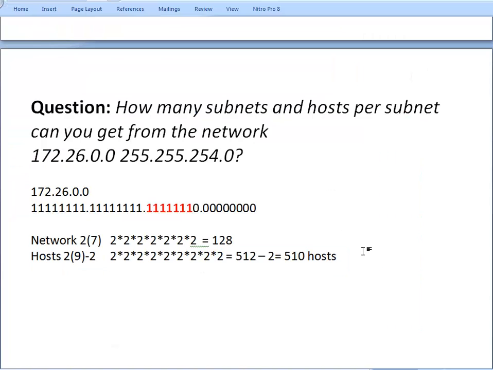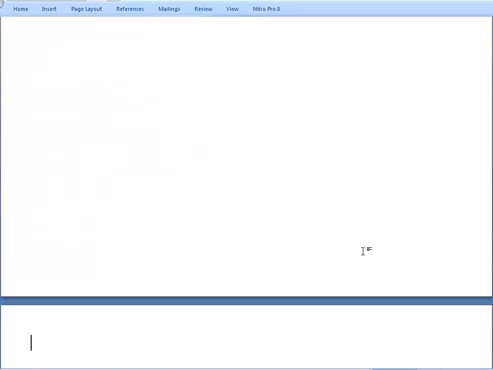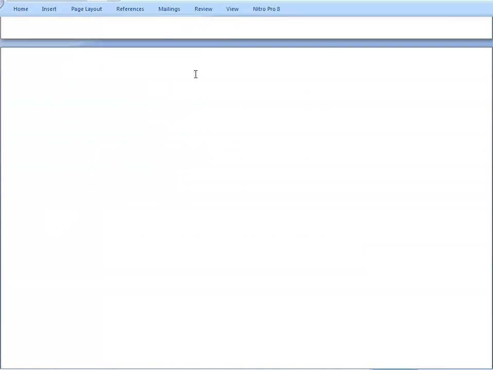Now, what I want to talk about is IPv6 a little bit. Think about IPv6, for example 2001:DB8:ACAD. When you purchase an IPv6 address range, they're usually going to give you a /48.